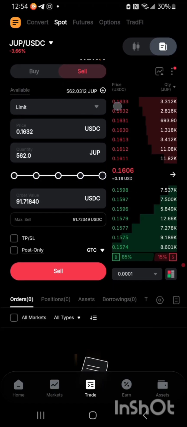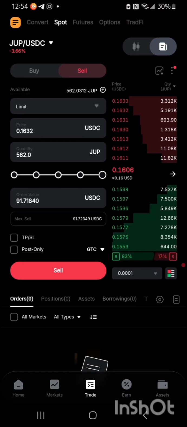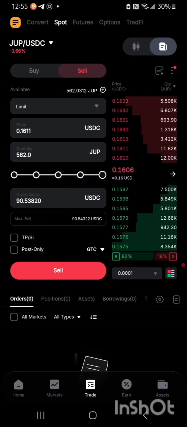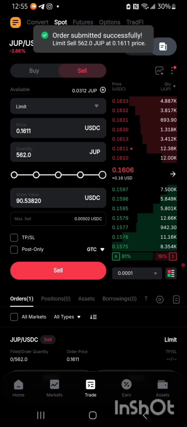I'm working based off of these prices here, as you can see on the order book of the seller section. So let us see how this goes. This will probably take less than a few minutes. Since the price is quite close to the current market price, it should be executed real fast.